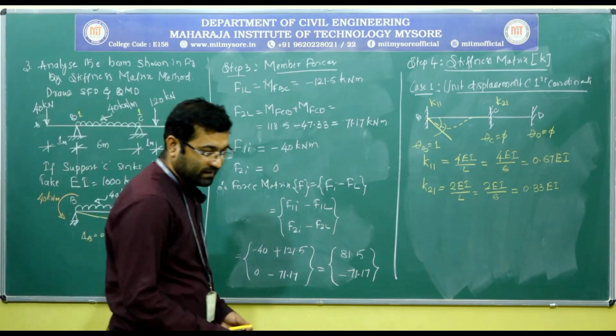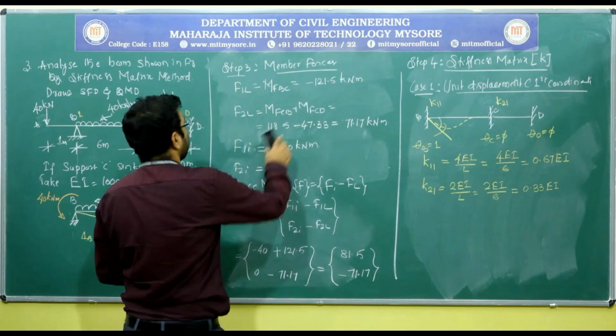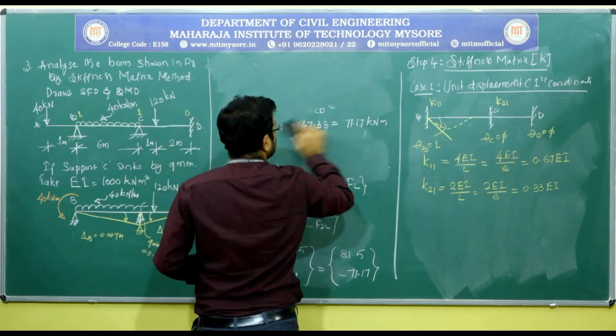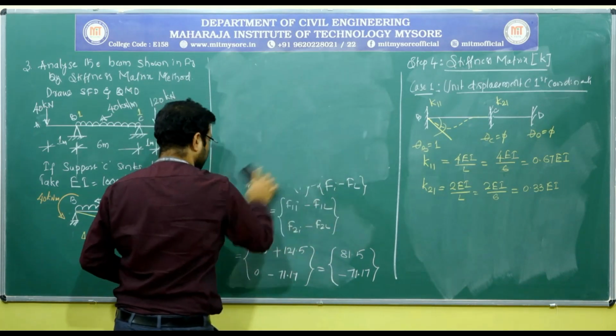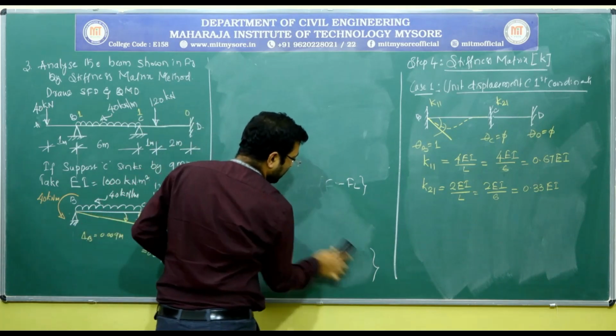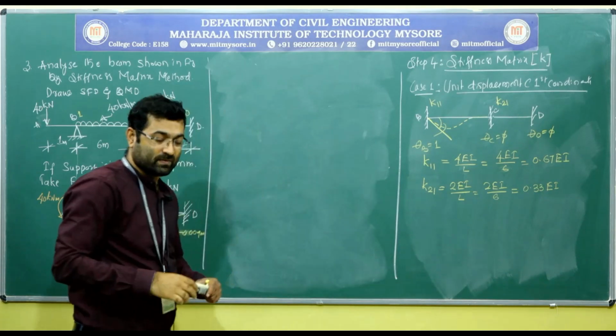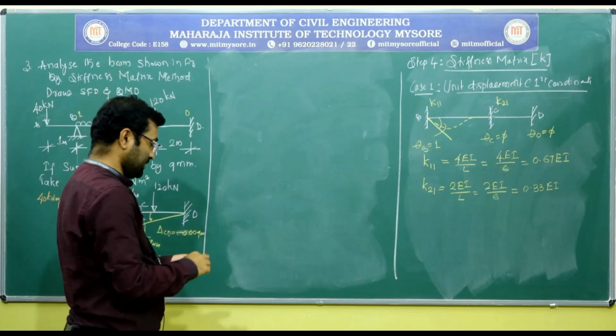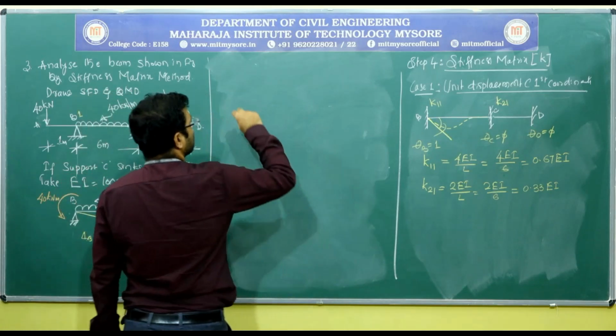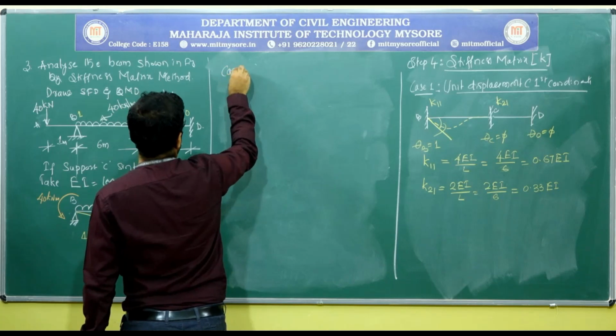Now, similarly, if I consider one more case, where I am going to induce the unit displacement at the second coordinate and measure the forces at the first and second.